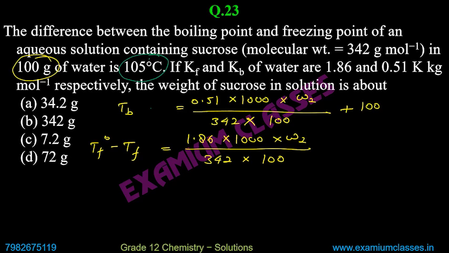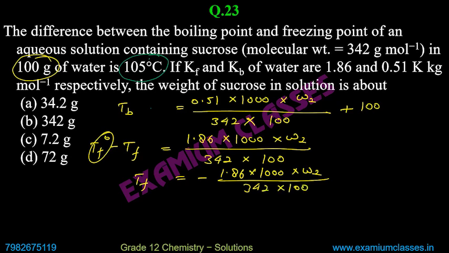TF naught is 0. So get the value of TF. TF will be minus 1.86 into 1000 into W2 divided by 342 into 100. This is the value of TF you got.